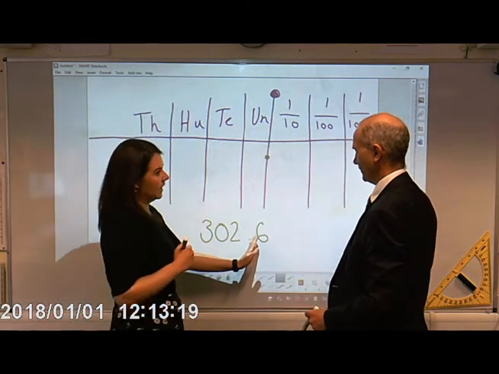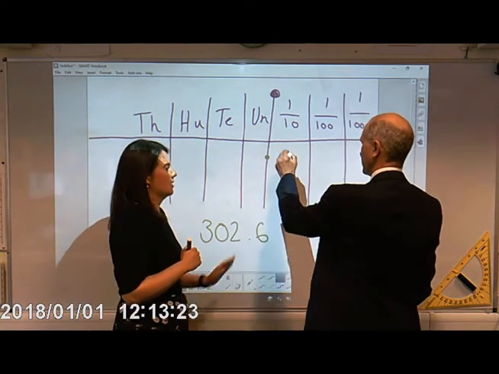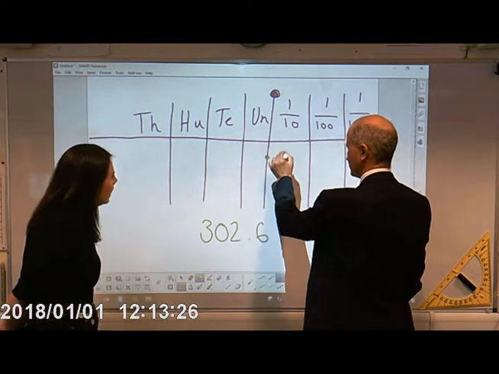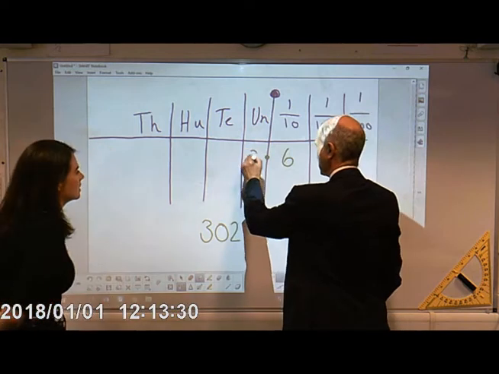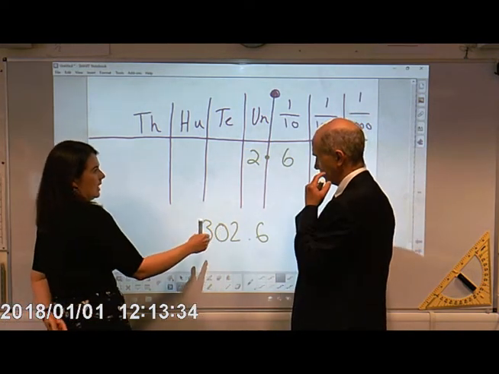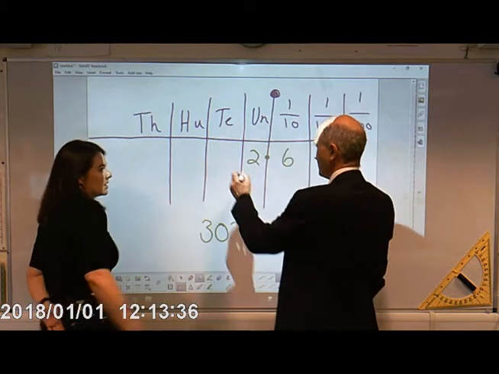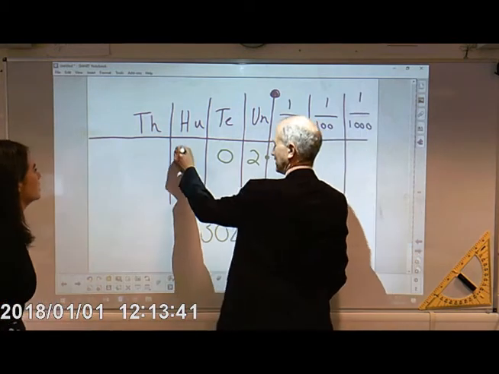Our 6 here is 0.6, so it's 6 tenths, right next door to the decimal. We've got 2, that's just 2 single units, the other side of the decimal. Don't miss out the 0, that's needed. We've got 0 tens, but we must state that we have 0 tens. And then we have 3 hundreds.